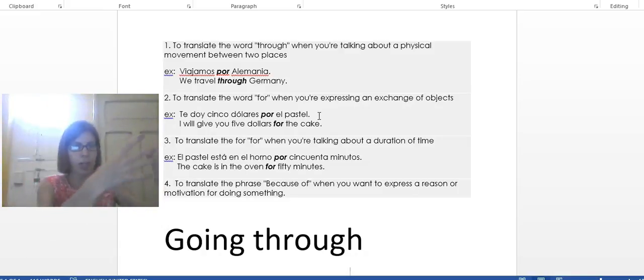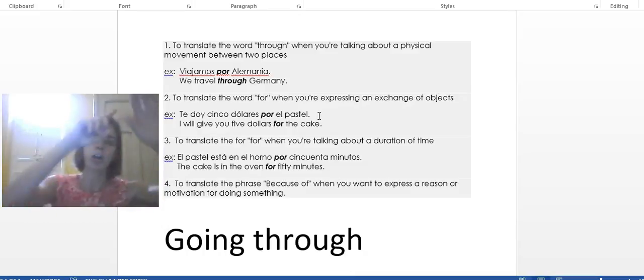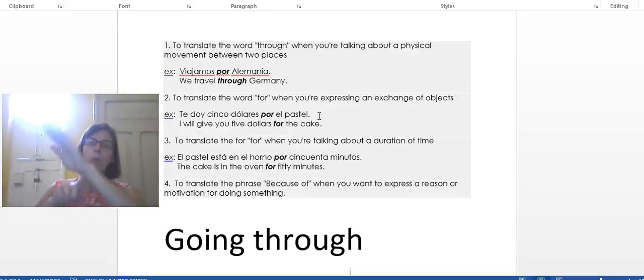This is when we're saying how long. Movement of the watch, right? Movement of the minute hand. How long? And then finally, because we're having reasons: because of your desire to be first place, or because of your love, or because of your personality.